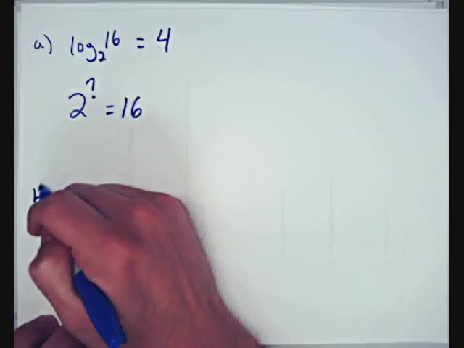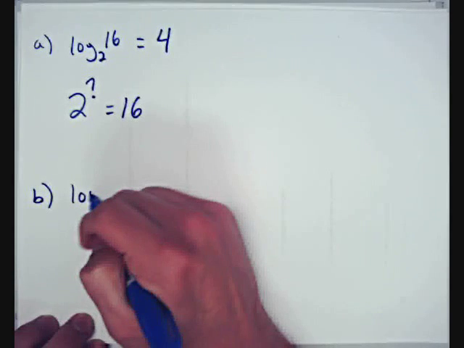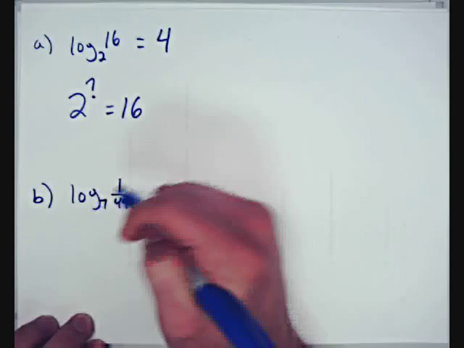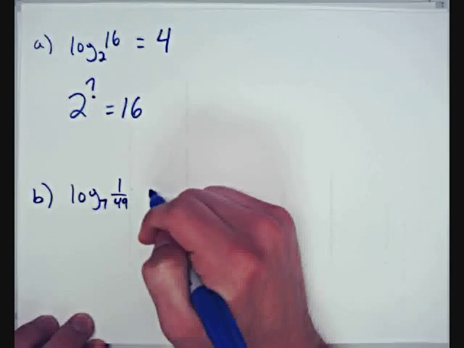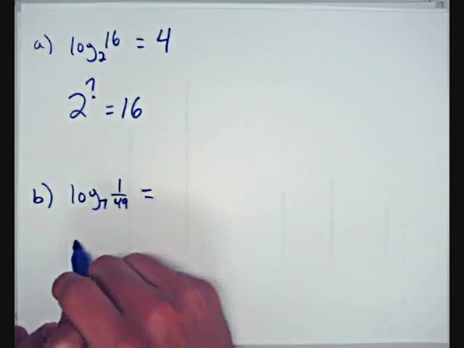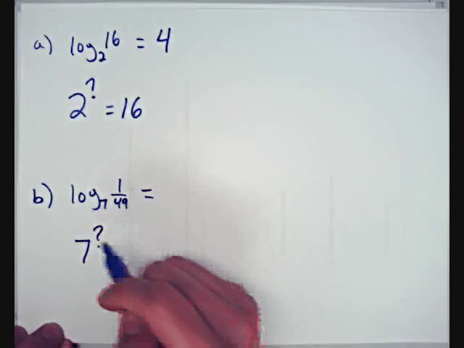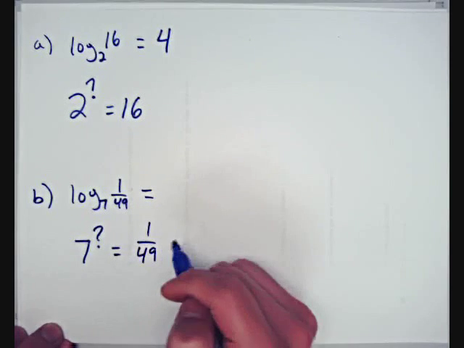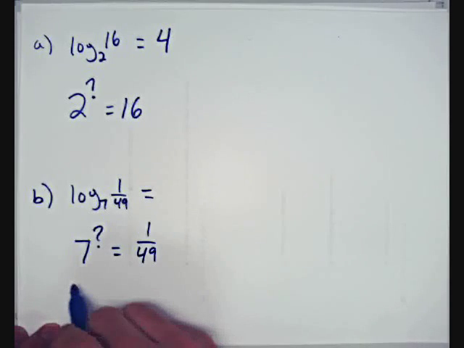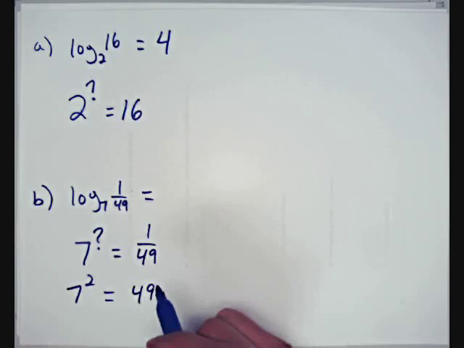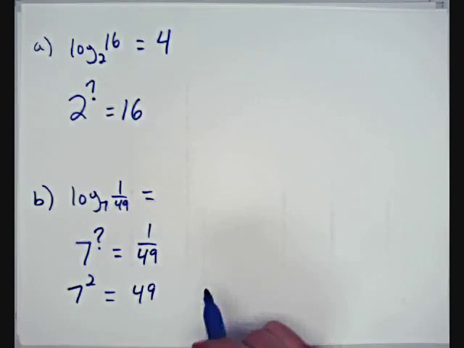Question B, the log of 1 over 49 base 7 equals what? So again, we're thinking of 7 to what power equals 1 over 49? Well, I know that 7 squared equals 49, which is almost what we want. But we want 1 over 49.